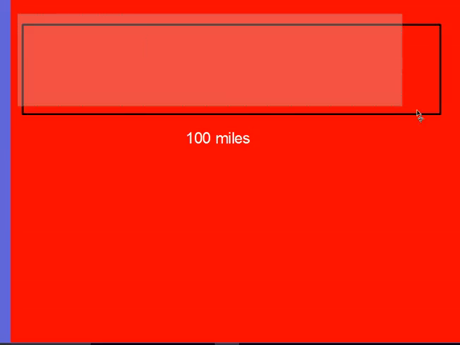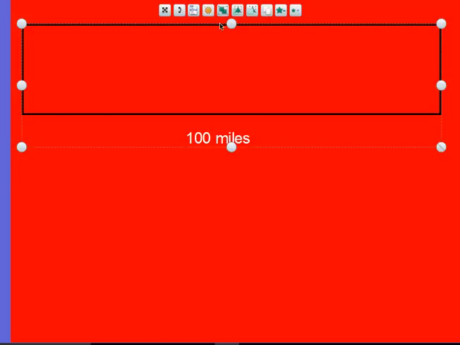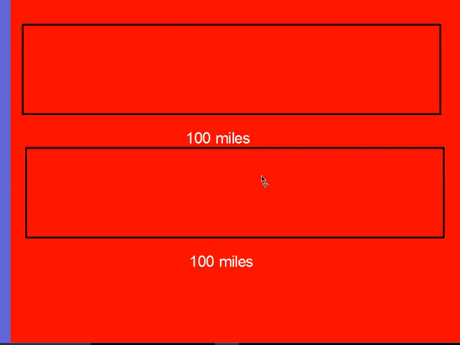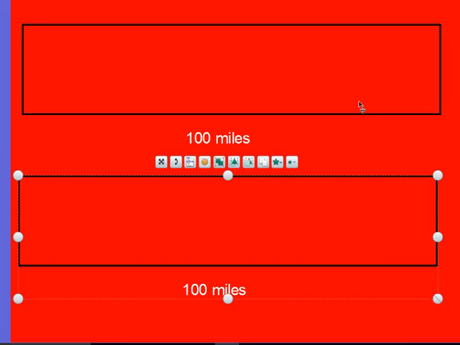If one race was 100 miles and the second race was 100 miles, what did she do in 2 races? If it's 2 races, that means she went twice as far, so we need 2 of these. And if we look at that, that's 2 times 100, which is 200. So here is the picture representing that.